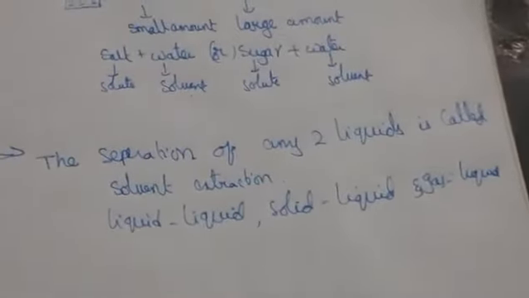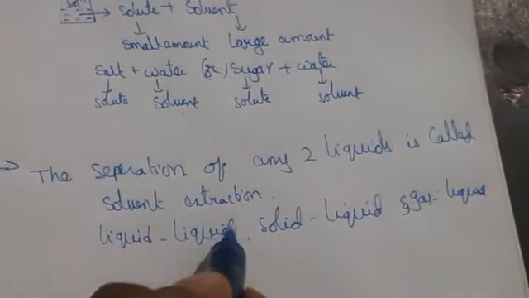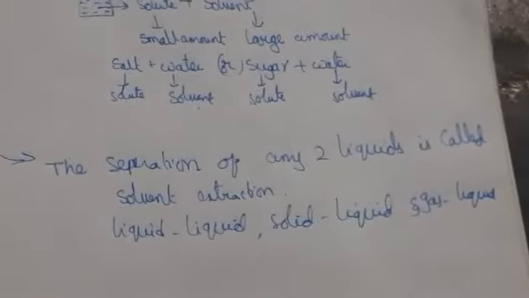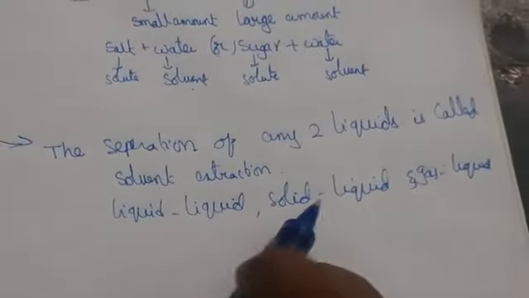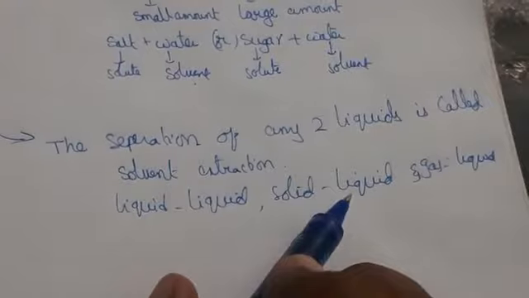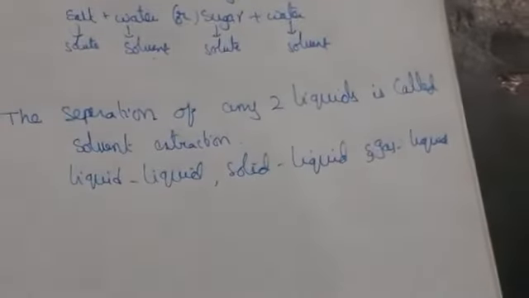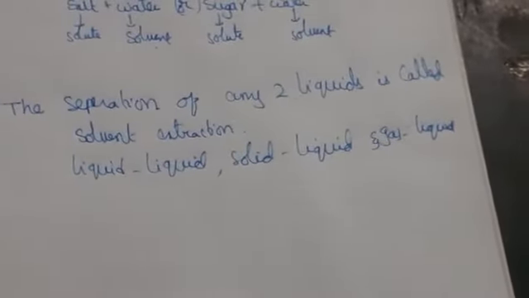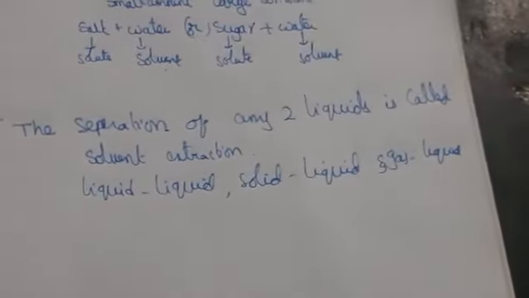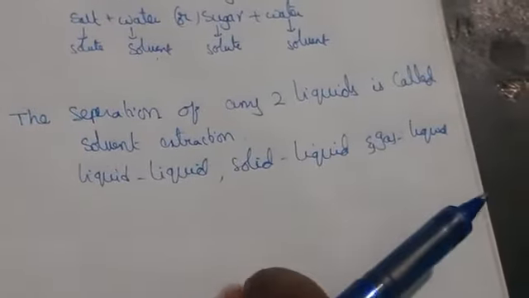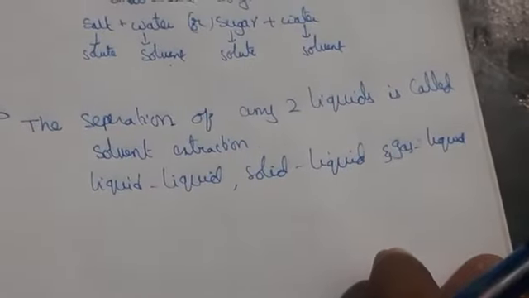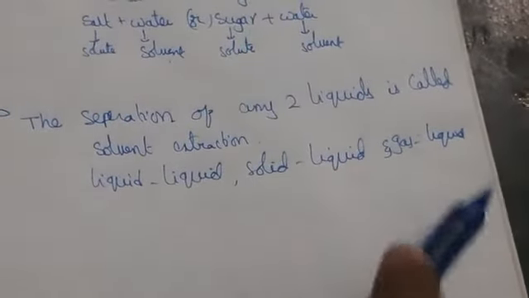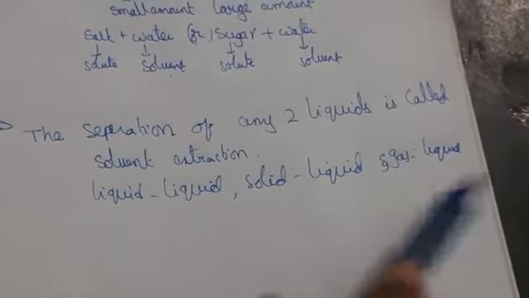But coming to here, the separation is possible. If you take solid and liquid, it can easily separate. For example, if you take soil and water, you can separate easily through filter paper, right? And also if you take gas and liquid, gas like helium, neon, argon, according to Henry's law, the gas will distribute itself in a ratio between liquid and the gas.